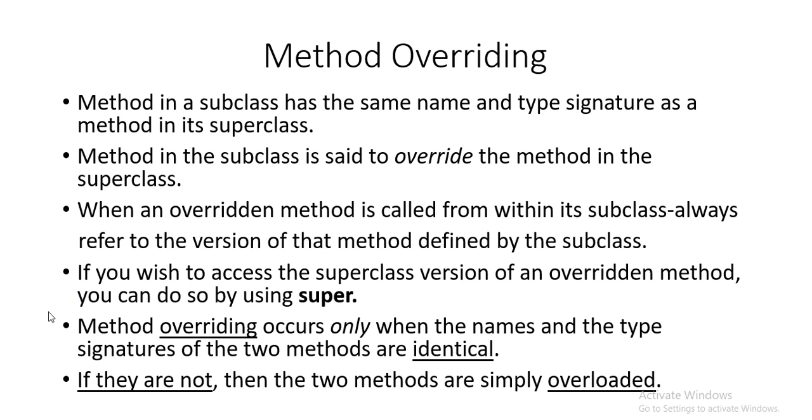Now what happens if you wish to access the superclass version of an overridden method? By using a child class object, it refers to the version defined within the subclass. But if you want to access the superclass version, for example the show method within the superclass, you can call that method by using the keyword super.